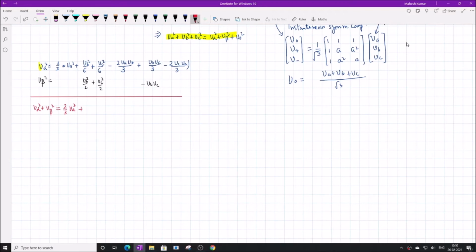So this also becomes 2 by 3 Bb square. Similarly, this also becomes 2 by 3 Bc square. And then this is minus 2 by 3 Ba Bb. This together becomes 1 by 3 minus 1 becomes again minus 2 by 3. This becomes also minus 2 by 3 Bb Bc. And this is already minus 2 by 3 Bc Ba.